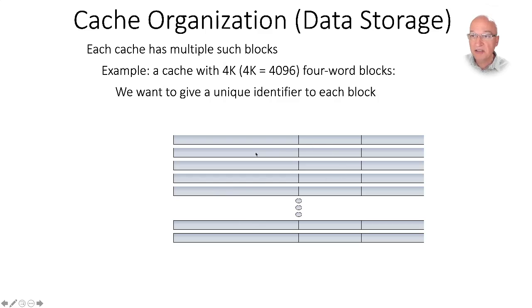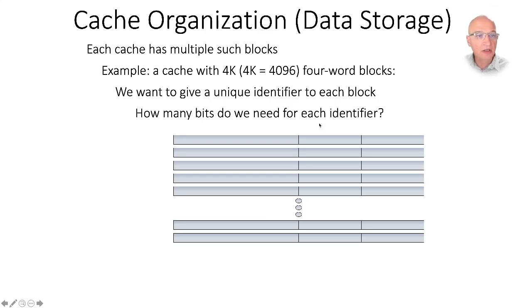So each one of those lines has 4 blocks. Actually, the video seems to be showing this first block as 2 blocks. So if we have these 4 blocks in each line, we want now to give a unique identifier to each block. How many bits do we need for each of the identifiers?